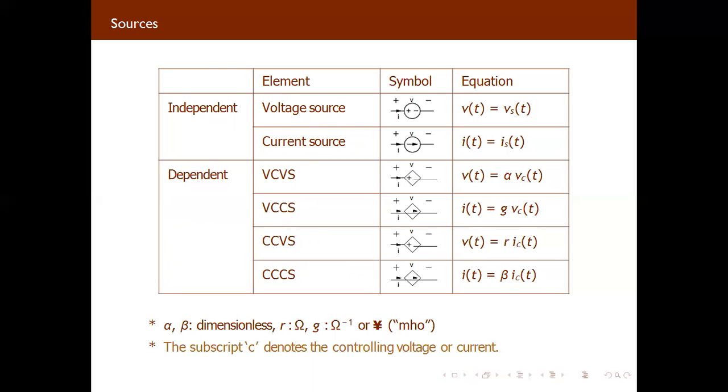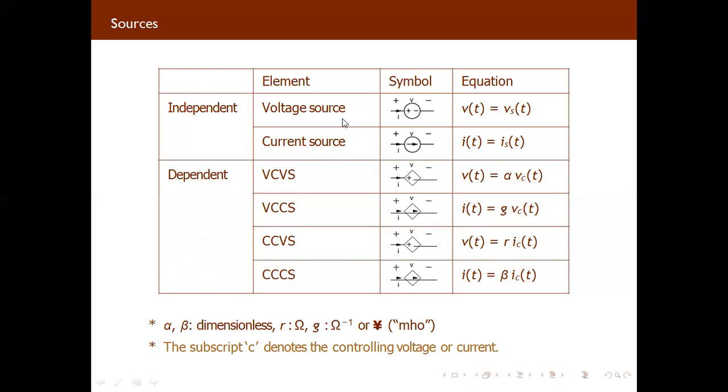An independent energy source is a voltage or a current whose value does not depend upon any other voltage or current or the circuit to which it is connected.